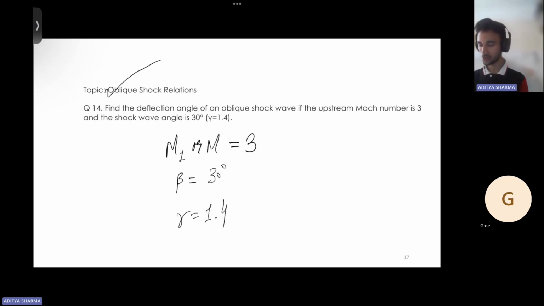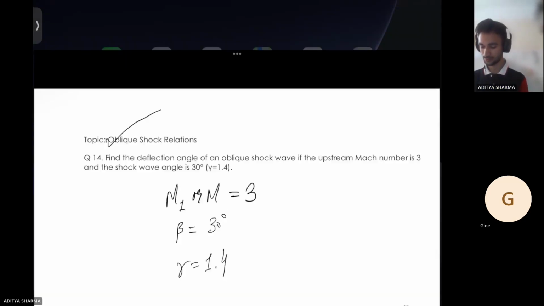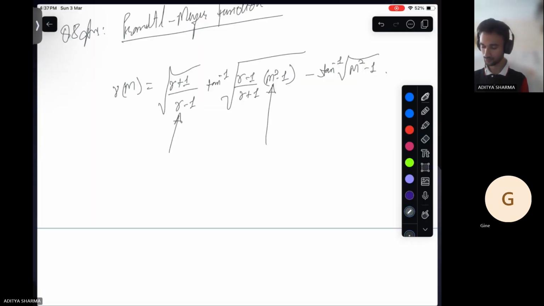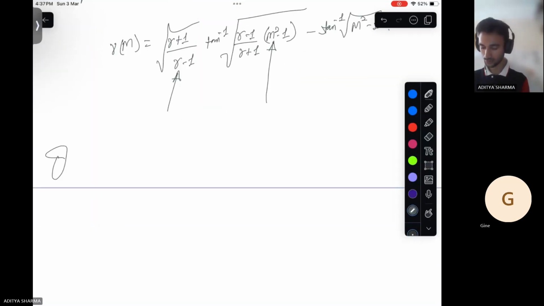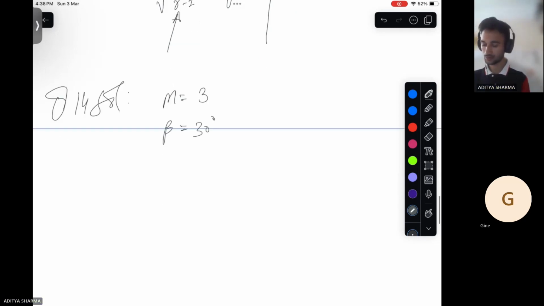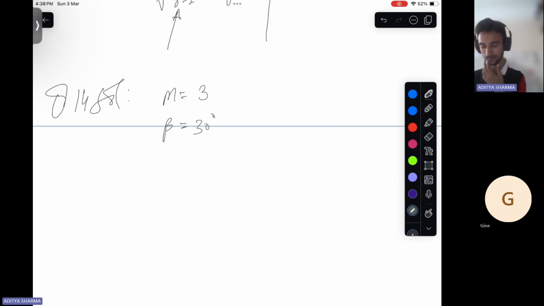All right. So question number 14 solution. M is 3, beta is 30 degree, and gamma is 1.4, right?